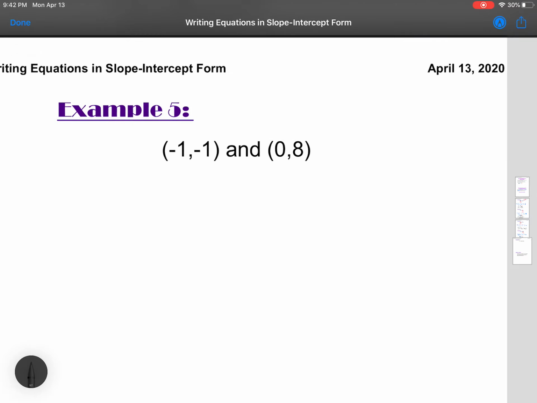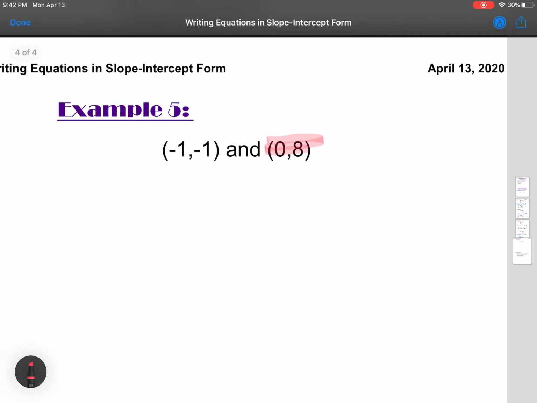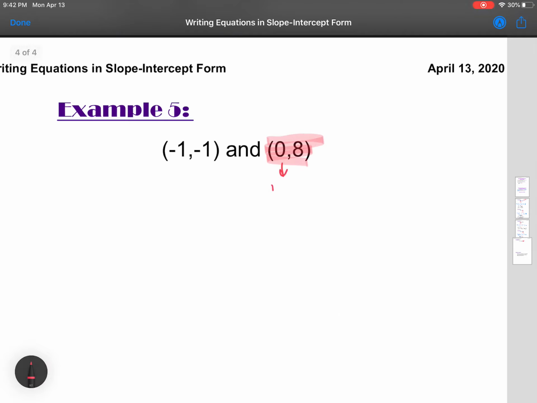So, negative 1, and 0, 8. My b is going to be in 0, 8. B is equal to 8. Now I have to find my slope. Nice and easy. x1, y1, x2, y2.